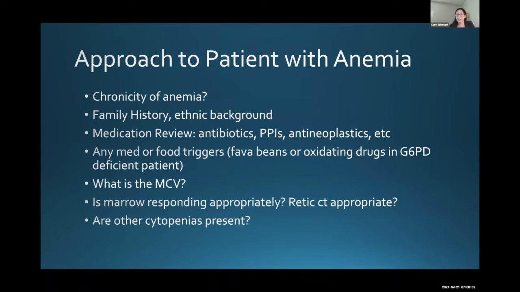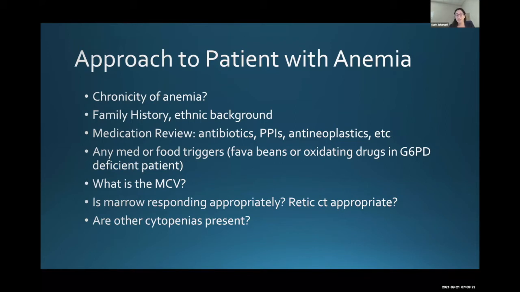If somebody just recently got some amoxicillin for an infection and then a week later developed an anemia, then we're more concerned about autoimmune hemolytic anemia related to that medication. Proton pump inhibitors can cause absorption issues with different nutrients, and obviously anti-neoplastics or other medications that impact folate processing, even things like low-dose methotrexate used for rheumatologic conditions, can contribute to anemia.